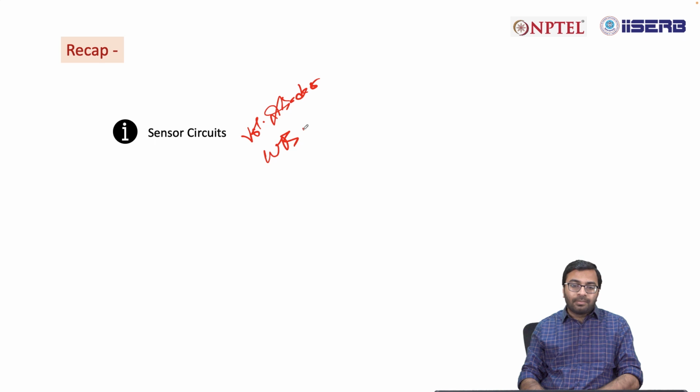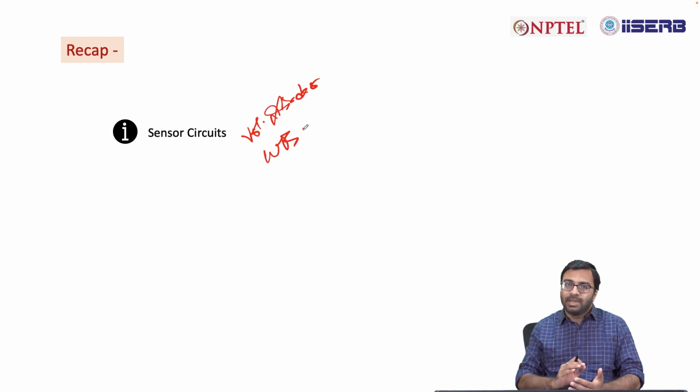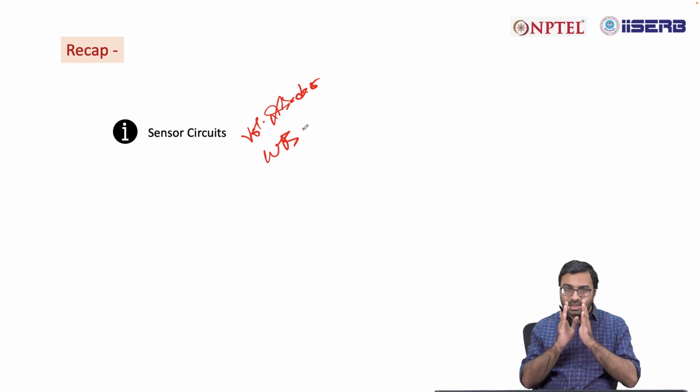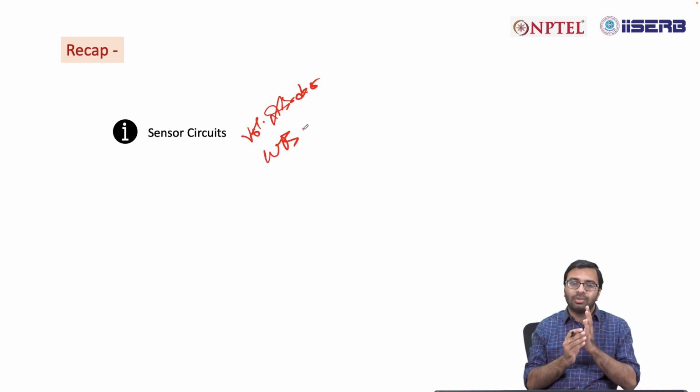Today again in this lecture we will see those basic circuits, and I will show you some of the basic experiments so that you can understand how these basic circuits can help us in developing the interfacing circuit, or how these circuits can help us in integrating sensors with a relevant system.